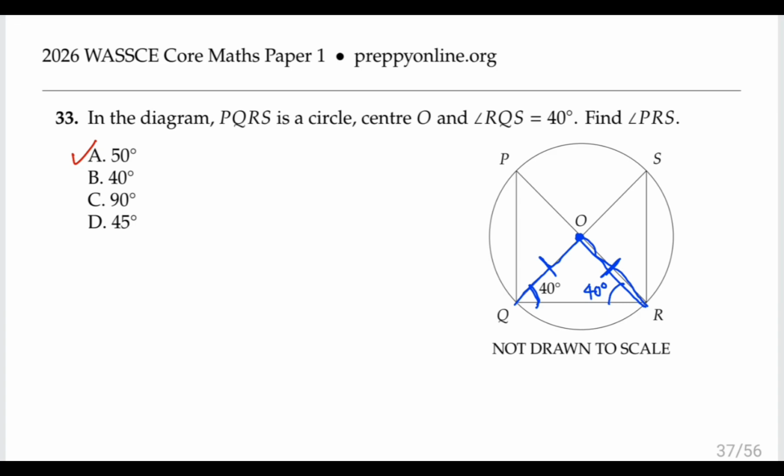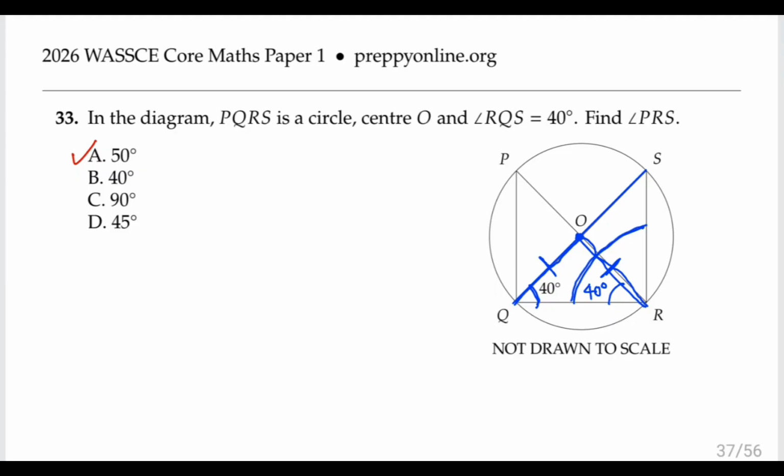Another observation we can make is that, again, the angle subtended by a diameter, this is a diameter, at the circumference is 90 degrees, just like we found before. Then we see that this angle must be 90 degrees.